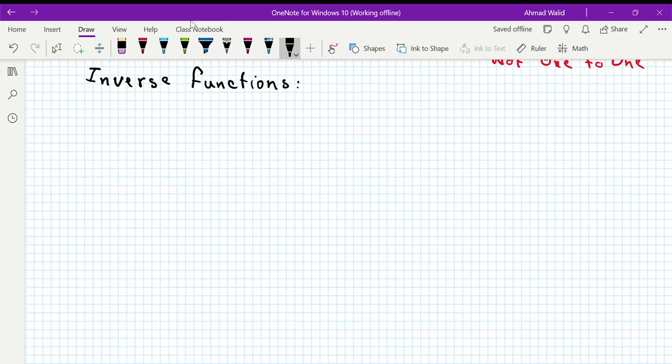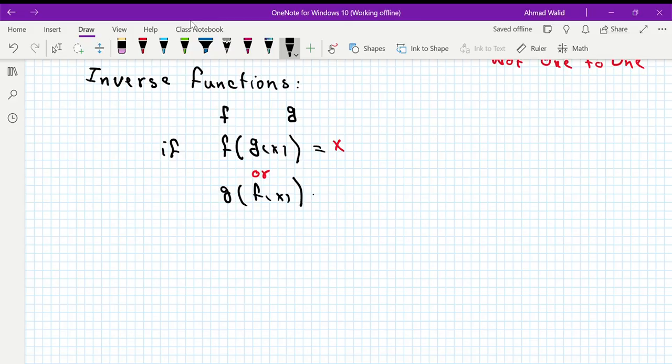If you have two functions, one of them is f and one of them is g, you can call these two functions inverse to each other if f of g of x becomes only x, or g of f of x gives you only x.